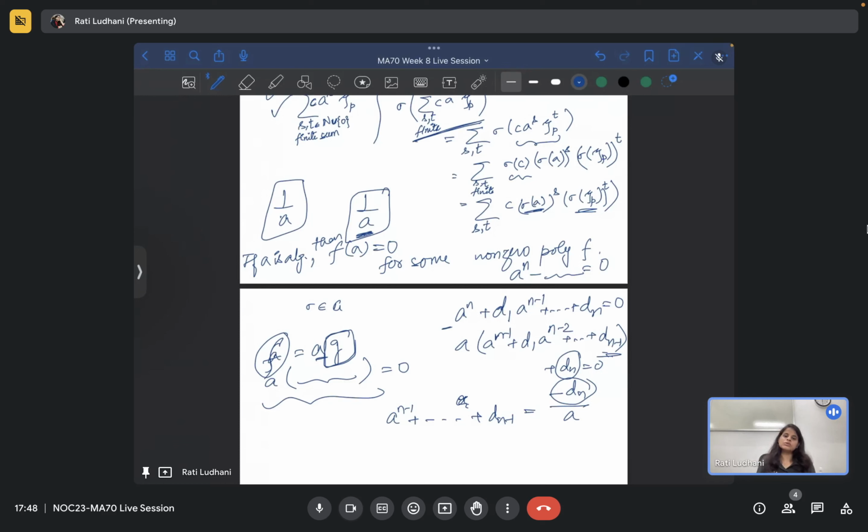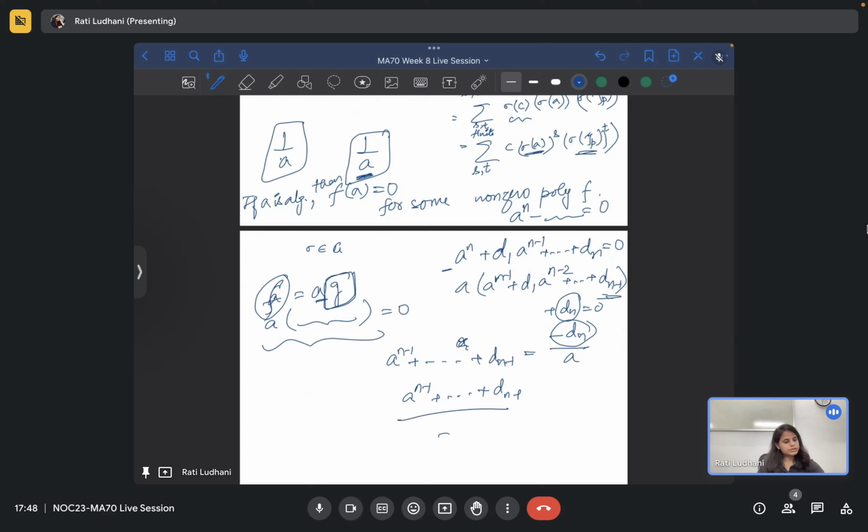Since a is non-zero, g has to be 0. So dn cannot be 0. Now you will get dn minus 1 by minus dn, so 1 by a you can write as this. So that is a polynomial.